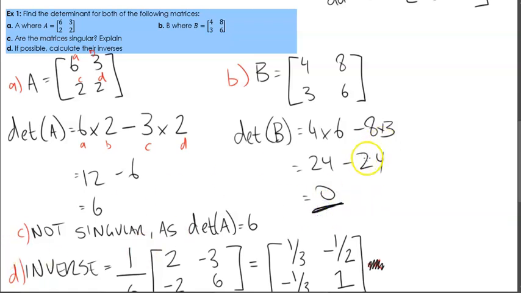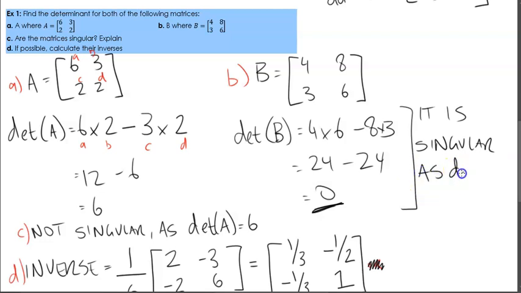So we can't determine the inverse because this here, it is singular. It is singular. As the determinant of B is equal to 0. Therefore, inverse cannot be found.